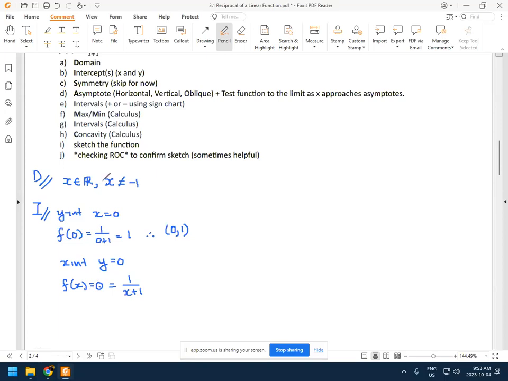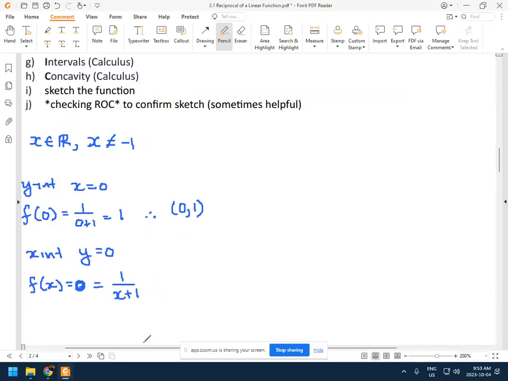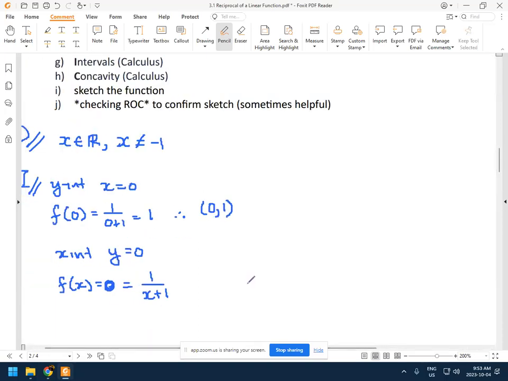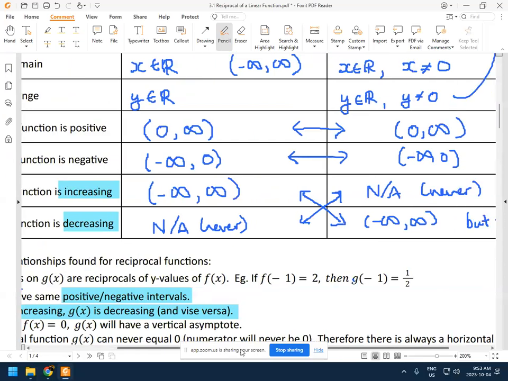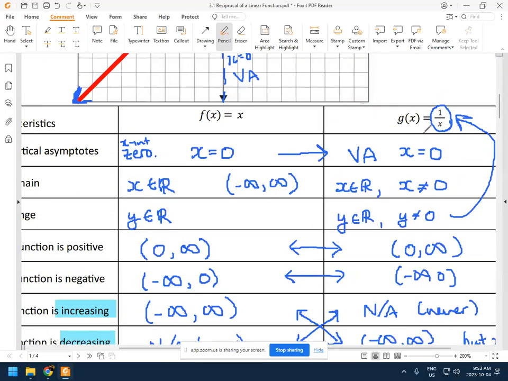What is the x value when the y value equals 0?